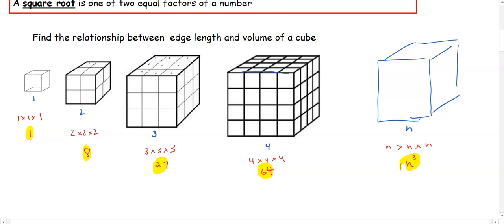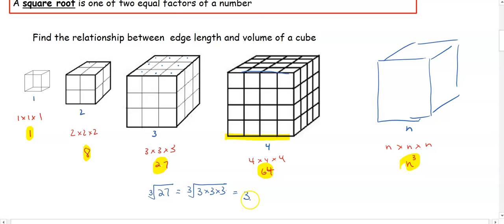When you take the cube root of a number, you get the edge length of the cube, right? For example, the cube root of 27 means to break 27 into 3 identical factors. To take the cube root of a number, you take one of those 3 identical factors.